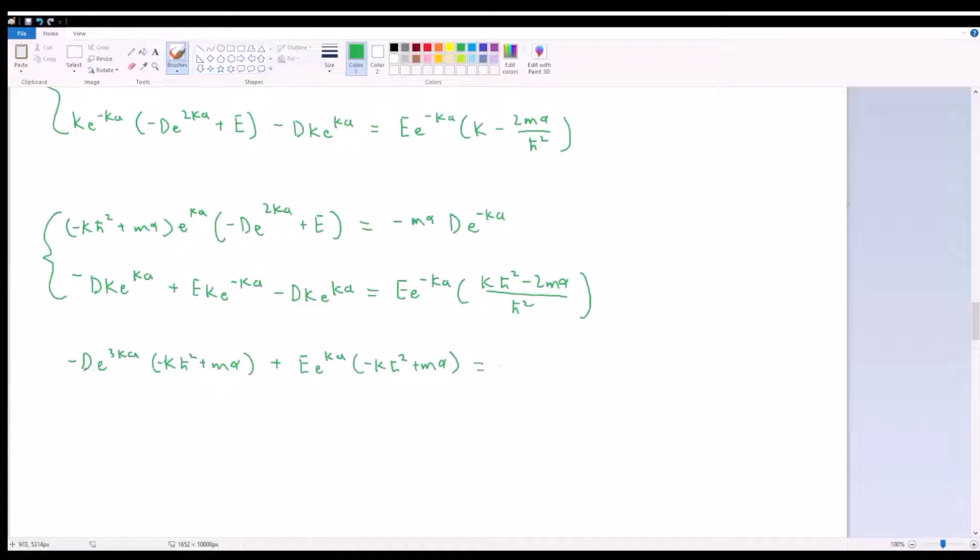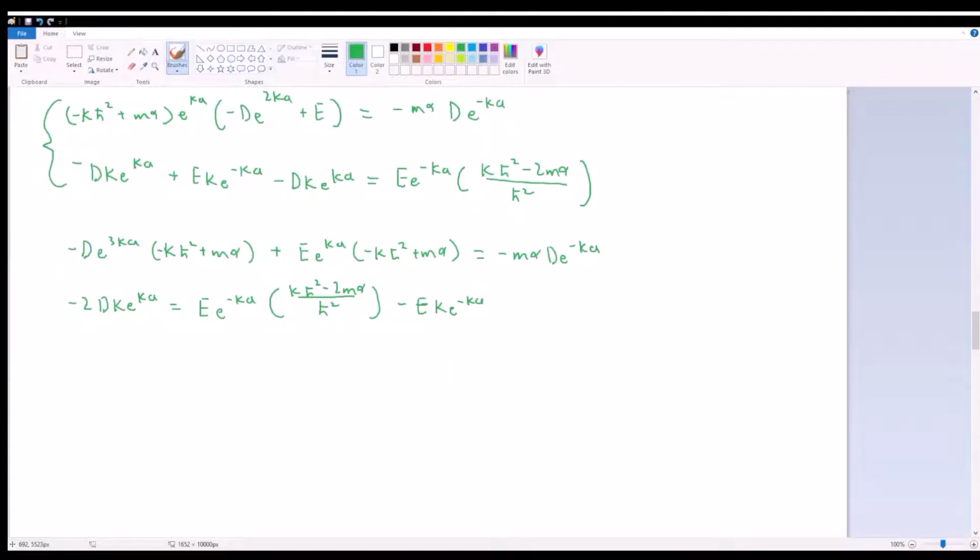And this is equal to negative m alpha D e^(-ka). And then at the bottom we have negative 2Dk e^(ka) equals e^(-ka) times k h bar squared minus 2m alpha, all divided by h bar squared, minus k e^(-ka). I'm just moving the E to the right so that we collect all the like terms.